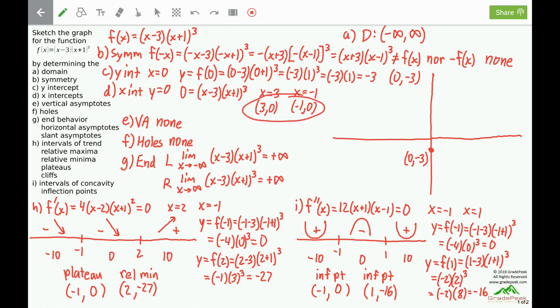We have x-intercepts at 3, 0 and negative 1, 0. We can label these.